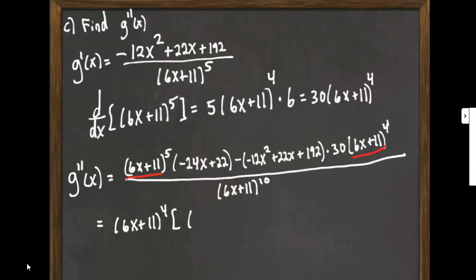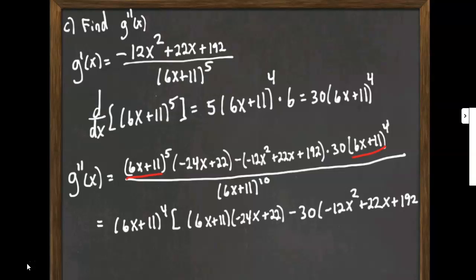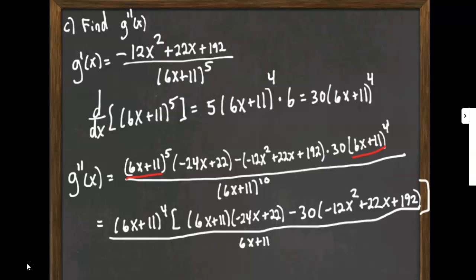We took 4 of them away, so now we have just one of them left to go with that negative 24x plus 22. And then the 6x plus 11 in the second term is completely gone. So now we just have the 30, and then that negative 12x squared plus 22x plus 192, all over 6x plus 11 to the 10th power.